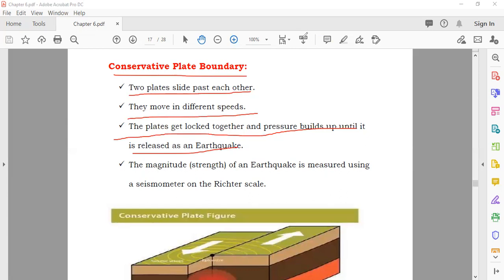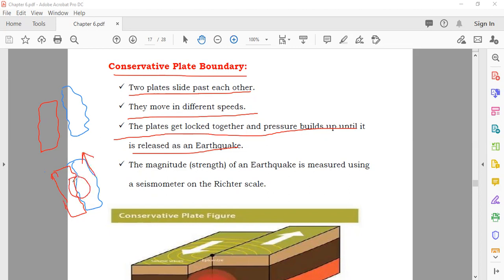Sometimes these plates, let's say this is one plate, then this is another plate. Now, when they slide against each other, let's say I will draw a diagram here. Now, these plates get stuck with each other.